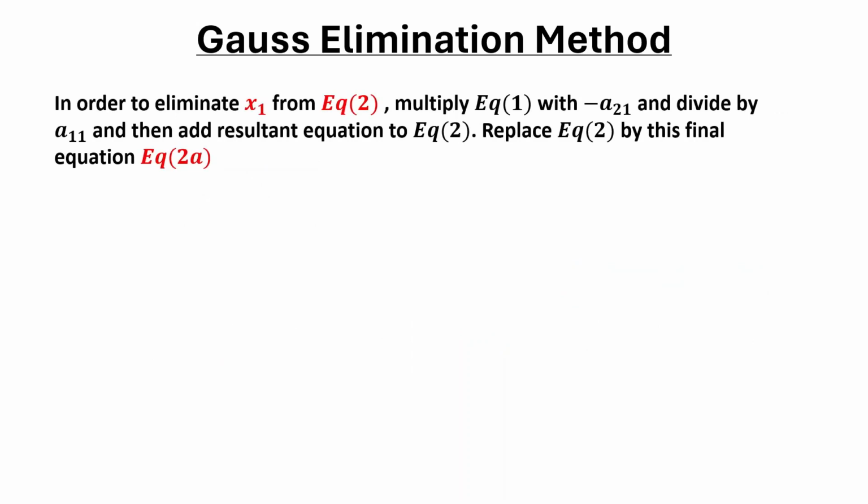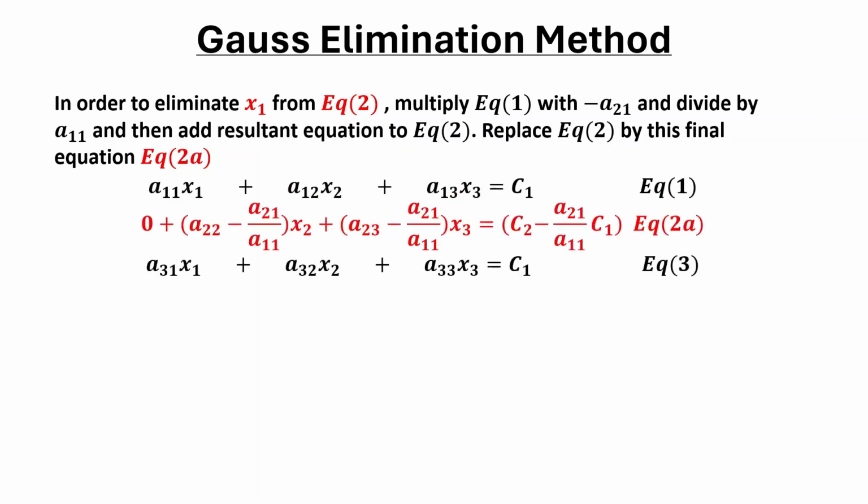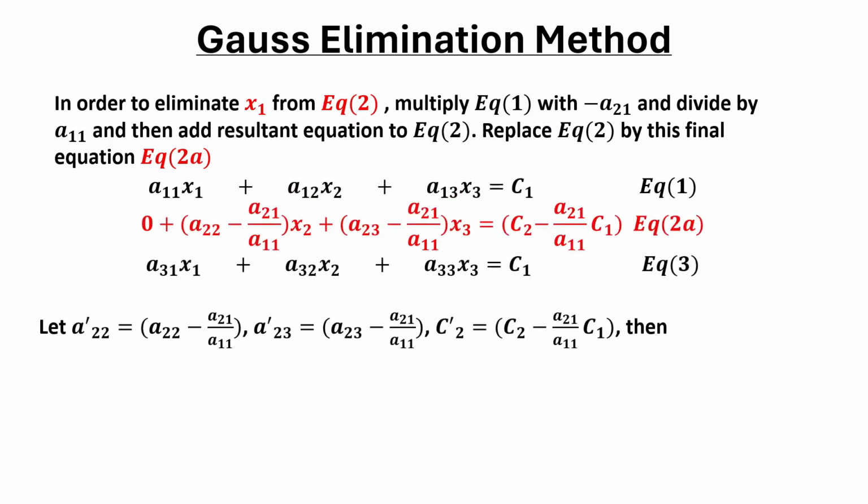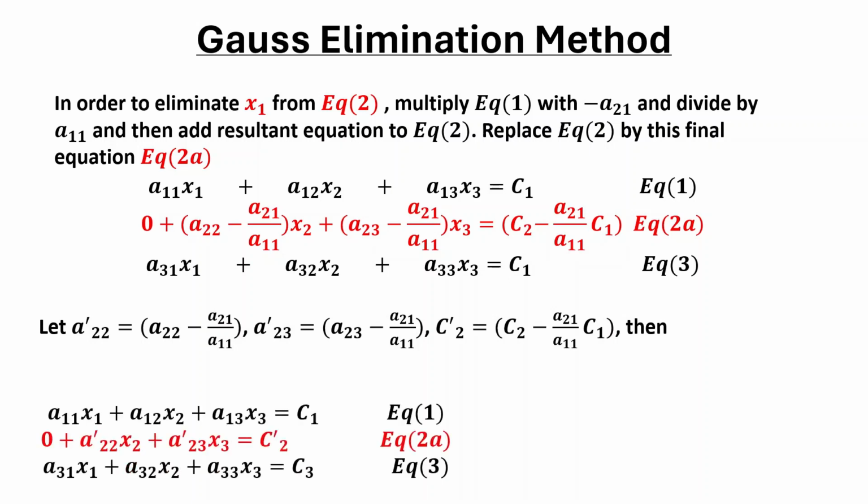In order to eliminate x1 from equation 2, multiply equation 1 with minus a21 and divide by a11 and then add resultant equation to equation 2. Replace this equation 2 by this final equation 2a. Here in equation 2a, we denote certain expressions by different symbols and rewrite equation 2a.